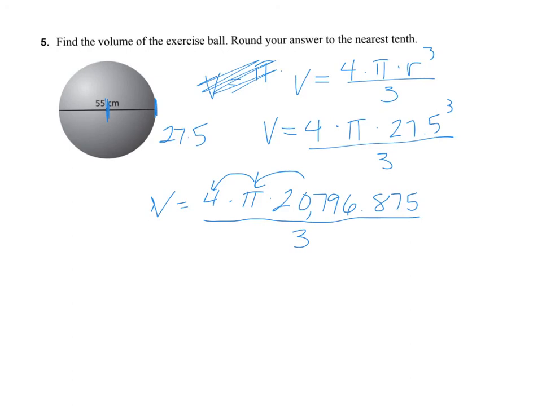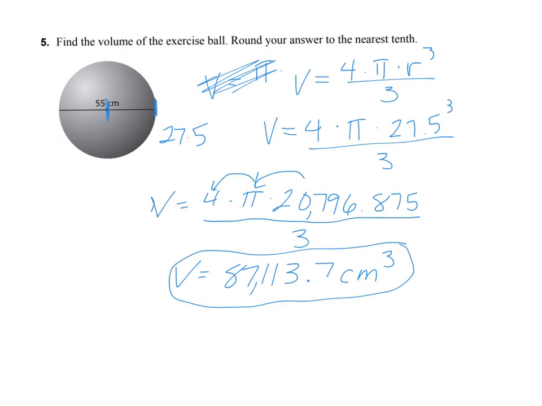Then I'm going to go divided by 3. The volume is going to give me 87,113.7 when rounded to the tenths place, so 87,113.7 centimeters cubed. And that is how you do 8.3.